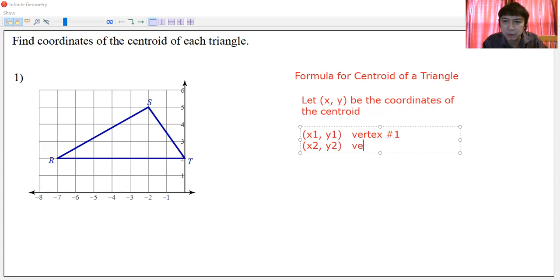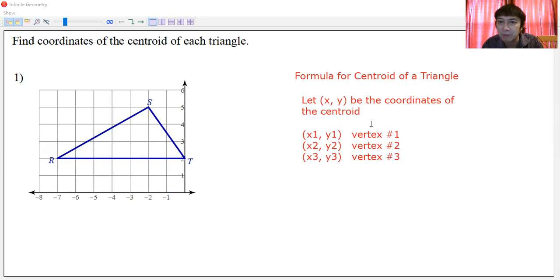So we may call this vertex number 2. And also we have the third, of course, for a triangle we have 3 vertices. This is for the vertex number 3. All right, so we're going to have the formula for getting the x, y, the centroid.